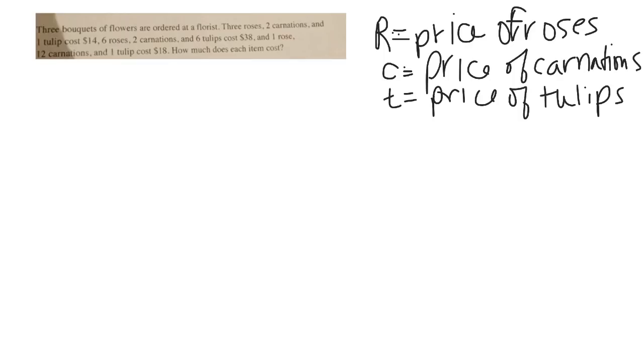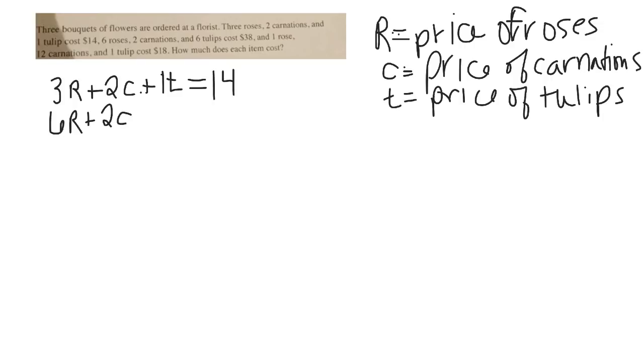So, in the first information it gives us, it says 3 roses plus 2 carnations plus 1 tulip equals $14. And the next one says 6 roses plus 2 carnations plus 6 tulips costs $38.